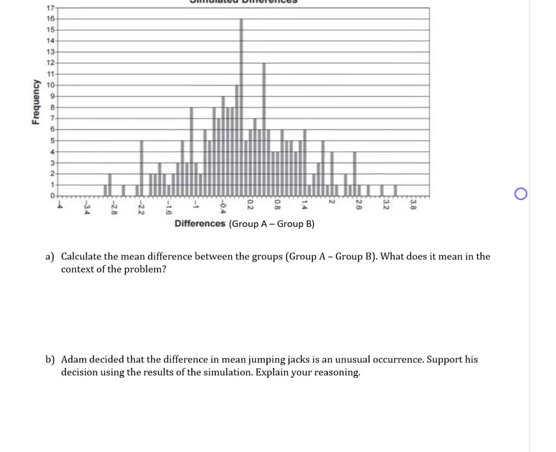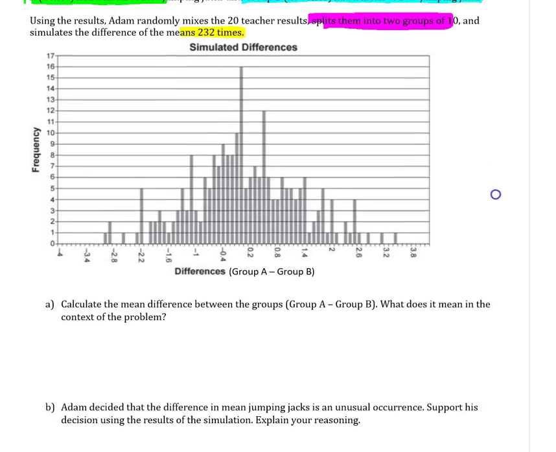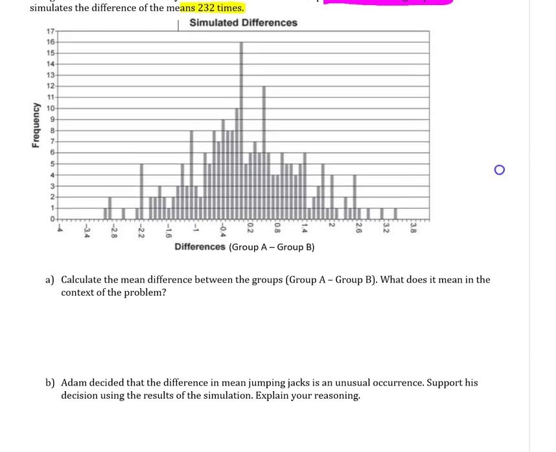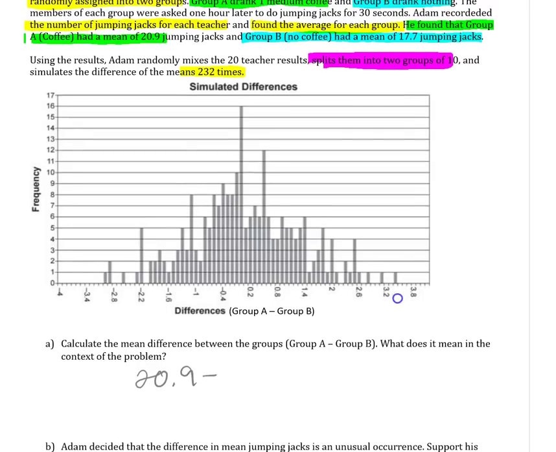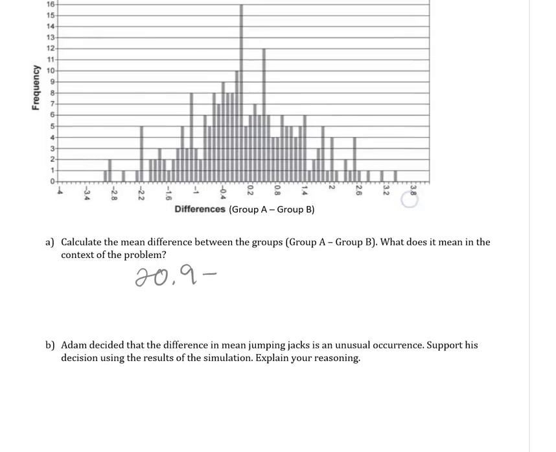Okay? Calculate the mean difference between the groups. So A minus B. What does that mean in the context of the problem? Okay, well A was 20.9. B was 17.7.